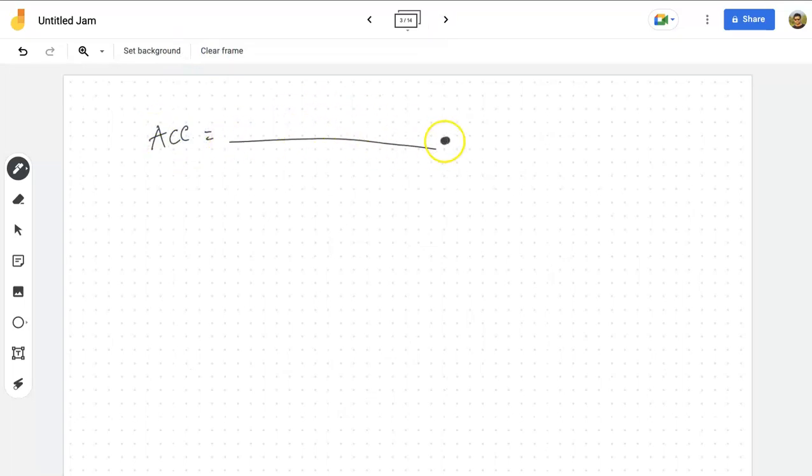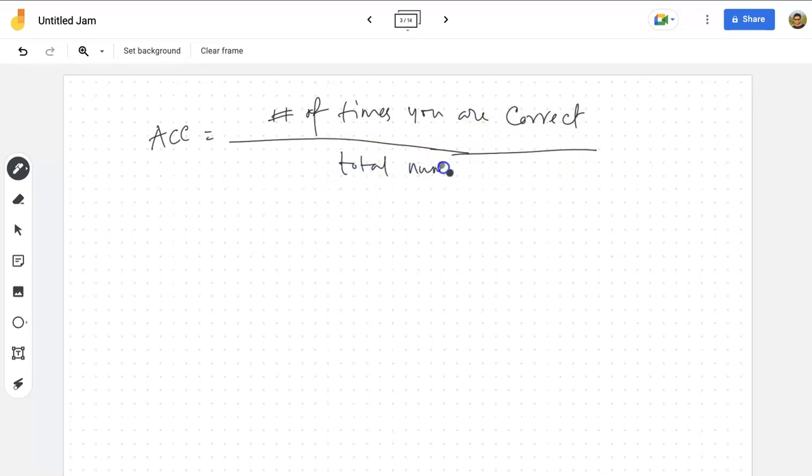In the numerator, the number of times you are correct, divided by the total number of predictions. Now how do we calculate this from the actual table?